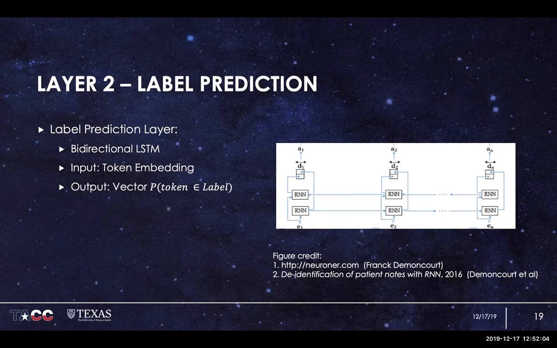So if you have a fixed number of labels that you could assign to a particular token, you could say this is a gene, or this is a protein. For simplicity, let's just consider a gene and a protein, just two labels. This vector would be a probability of a token being labeled as a gene or a protein, so it would be two probability values in that vector.